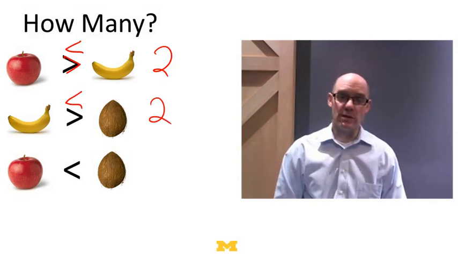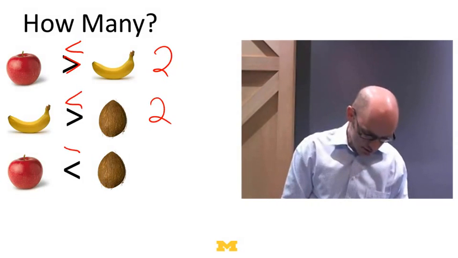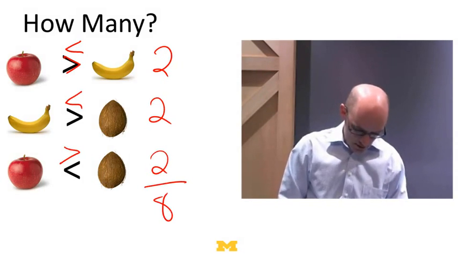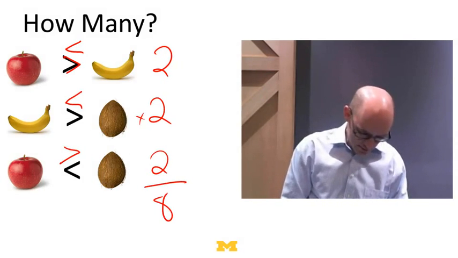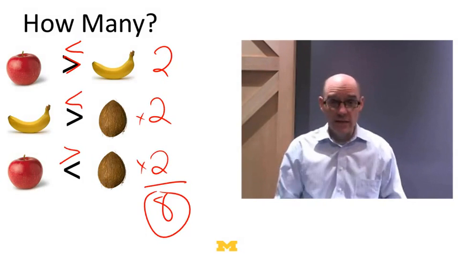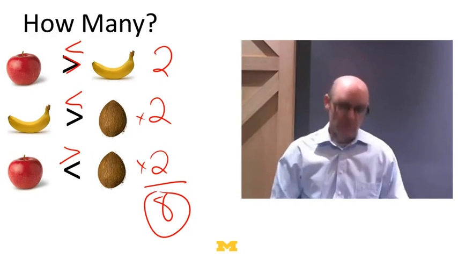So there are two possibilities there. And finally, with apples and coconuts, I can either prefer coconuts to apples or apples to coconuts, and there are two possibilities there. So 2 times 2 times 2 is going to be 8. So there are 8 different types of preferences I could have for these three types of fruit.